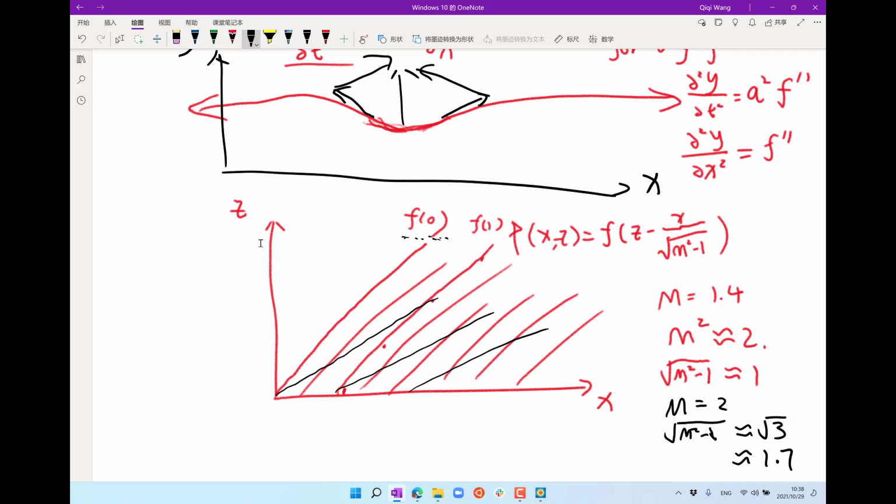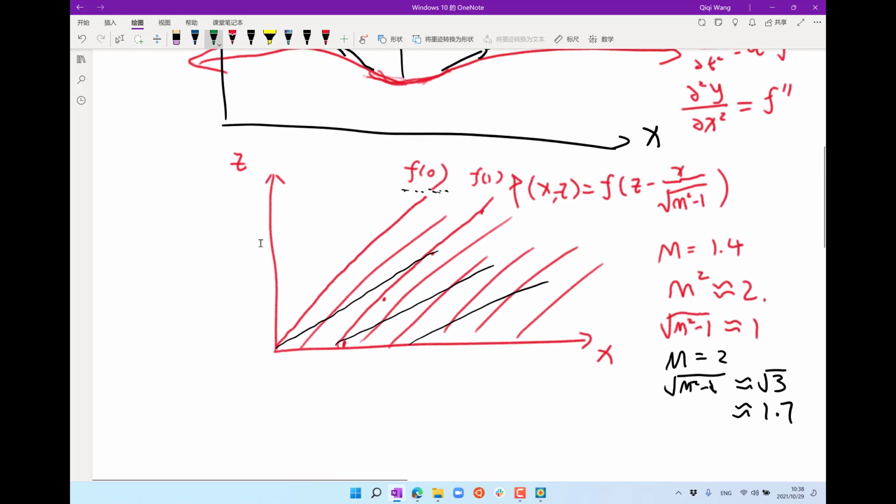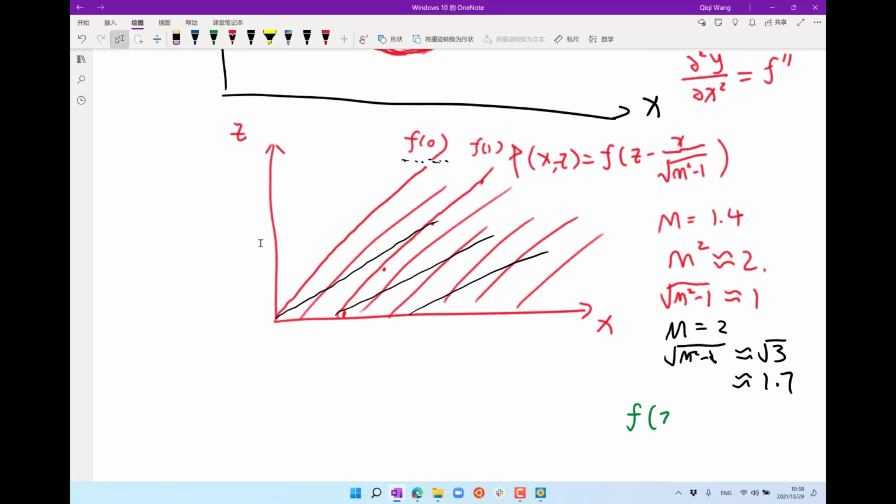Okay, so that's for the solution where the sign is minus. The solution where the F is going to be plus is very similar, except, I think I denoted this as G. So that's going to be a different solution.